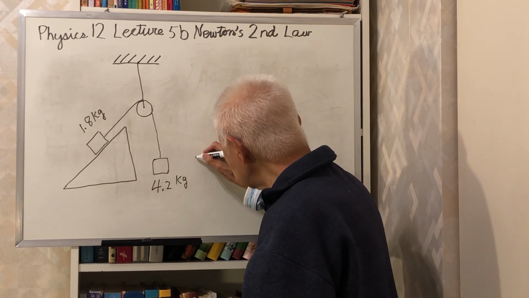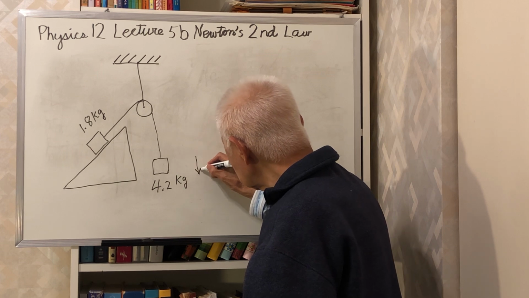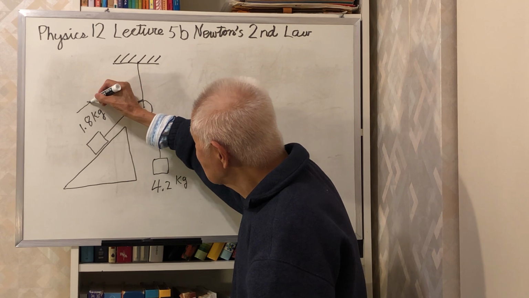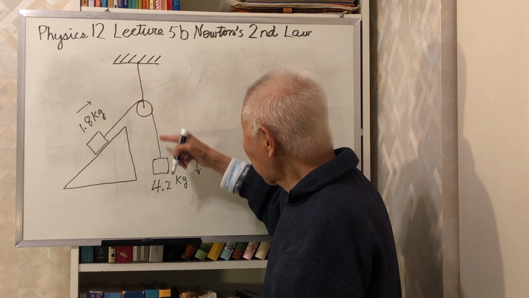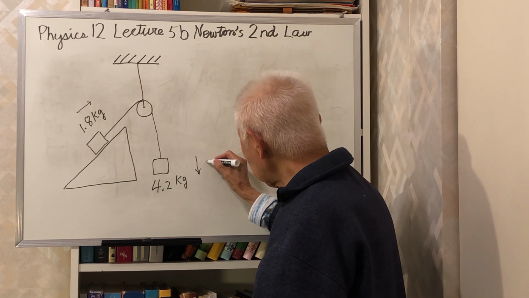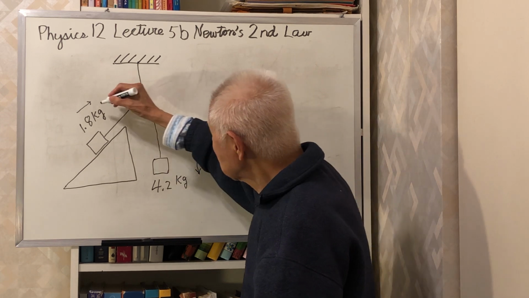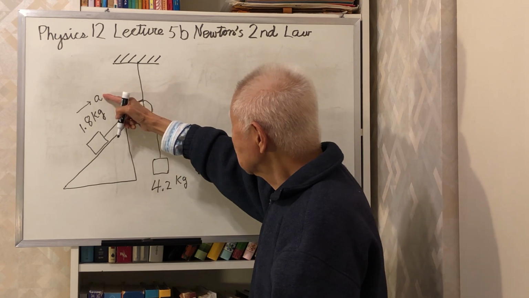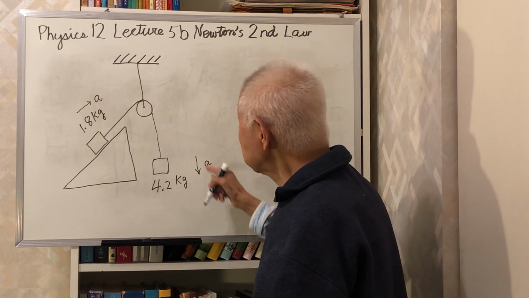This will move down, and this will move up. Because they are tied together, this acceleration and this acceleration are the same. This is A, this is again A, they are the same.